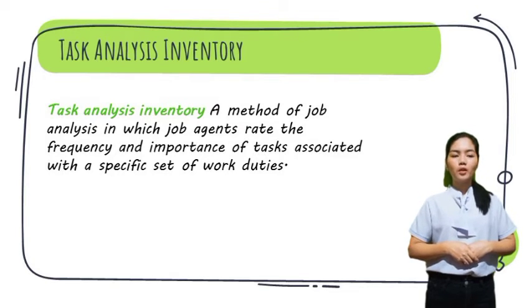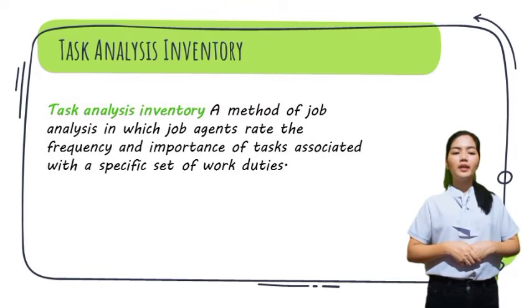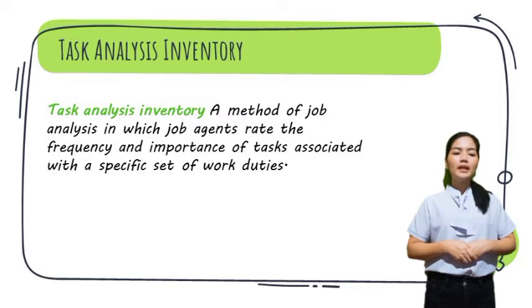For example, explains company policies to newly hired workers, and analyzes data to determine the cost of hiring each new employee. One rating is for frequency or time spent, and the other is for importance.